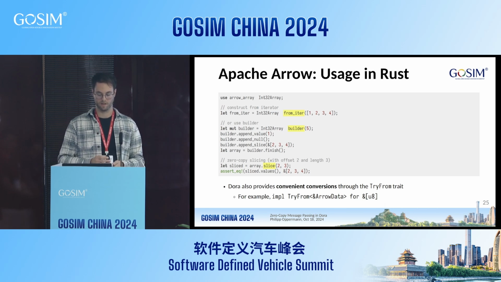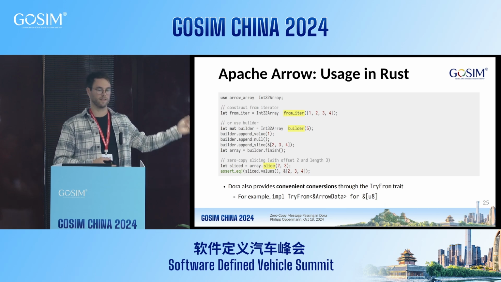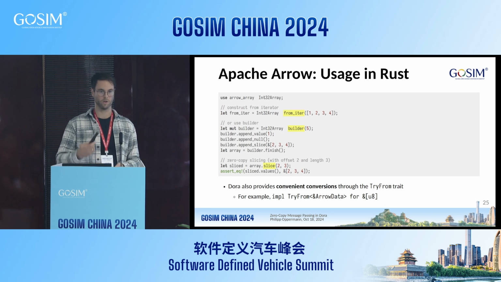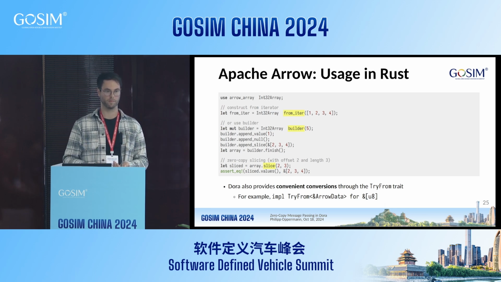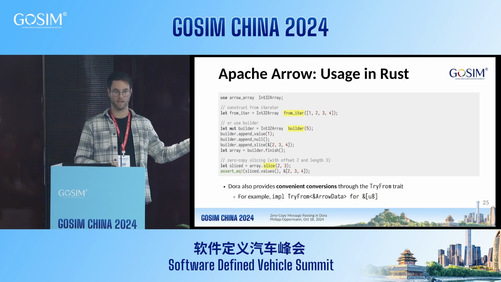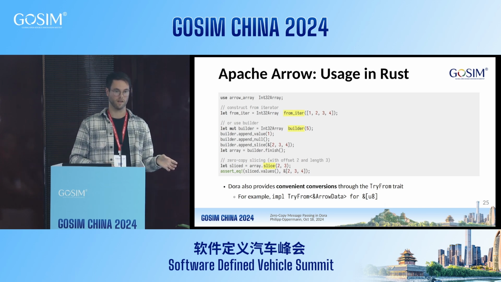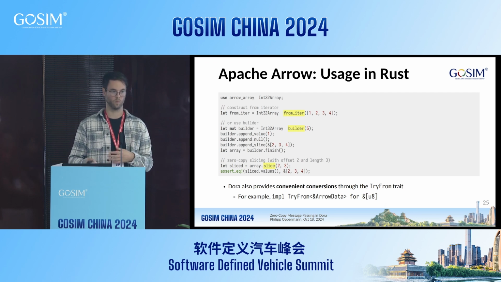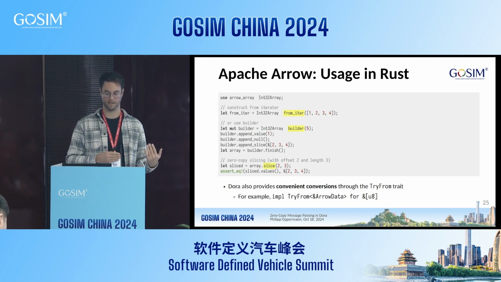And you have slicing methods, for example, for taking a subslice of your array, which are also zero copy, of course. And in Dora, we also have convenience functions for conversions, like the TryFrom implementation from this general Arrow data type into a byte slice. So you can work easily with Arrow data coming in as input and then treat it as a Rust type and use normal Rust processing functions.